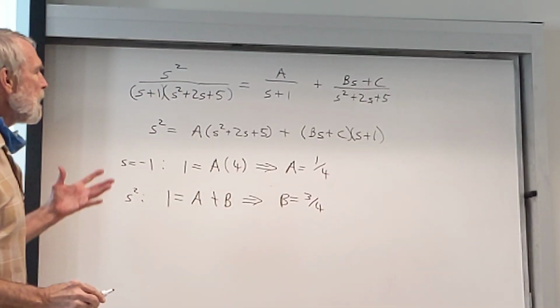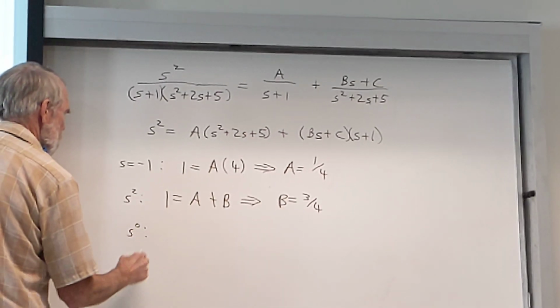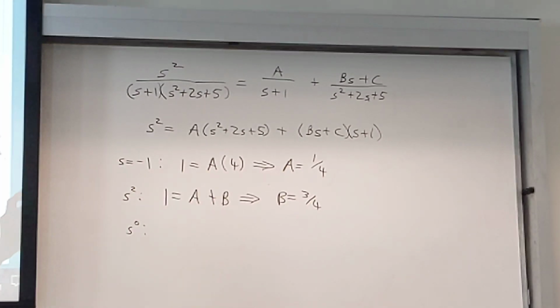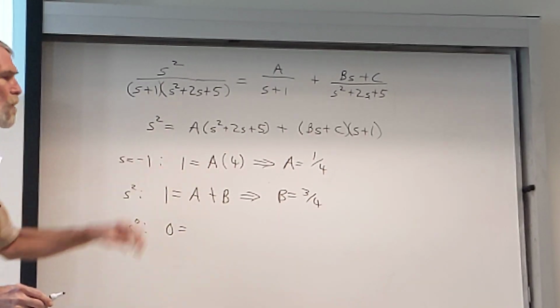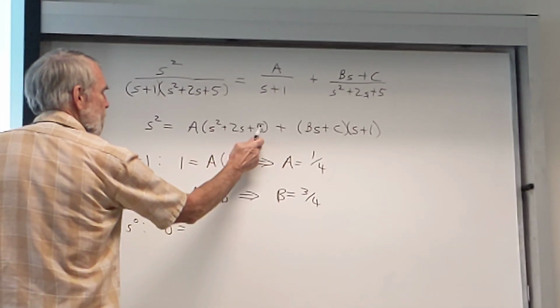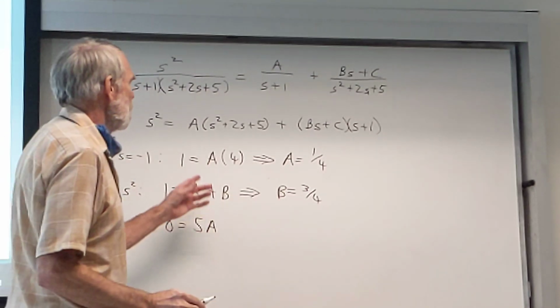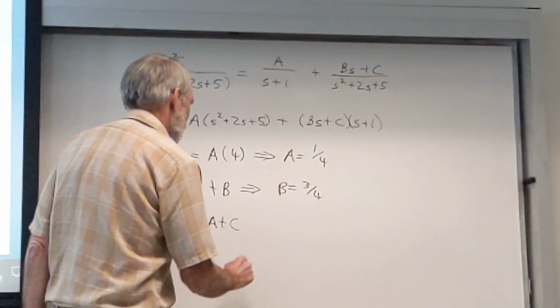All right, probably the easiest next thing to do is look at the constant terms, the s to the 0 terms. How many on the left-hand side? 0. All right. Let's go to the constant terms on the right-hand side. What do we get here? 5a, plus C. All right.